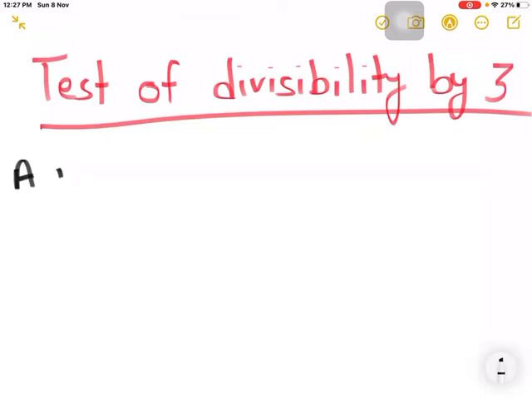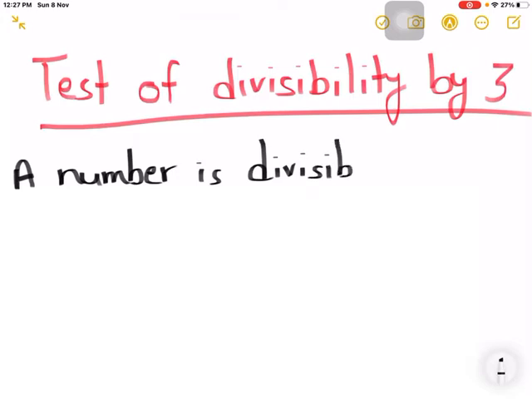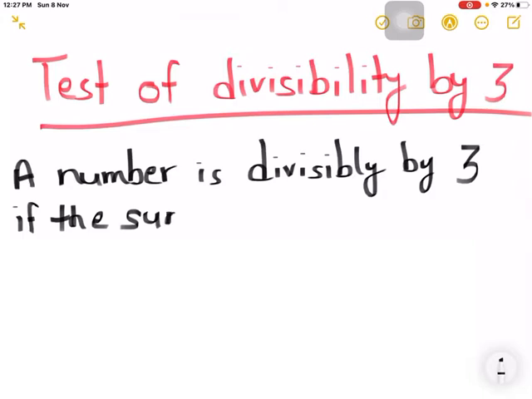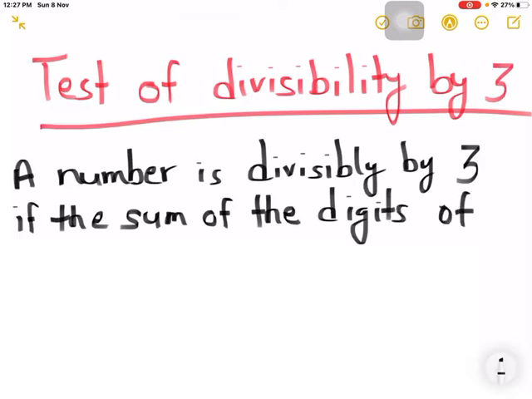A number is divisible by 3 if the sum of the digits of that number is divisible by 3.